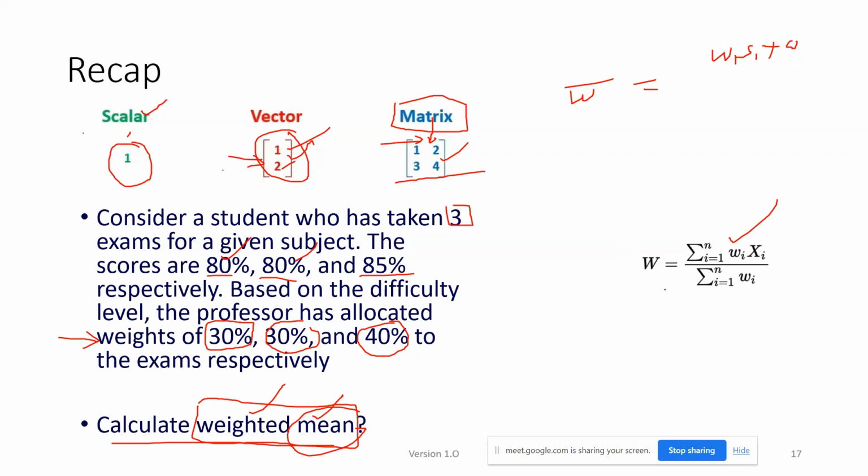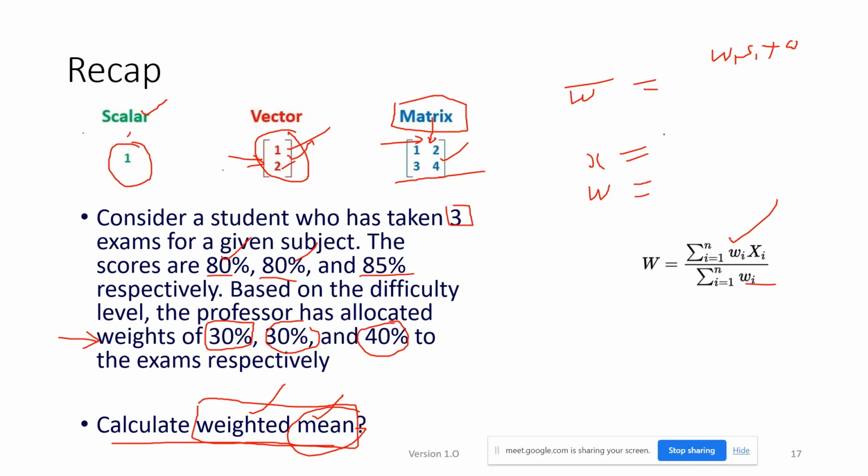In mathematics, we apply this type of weighted mean calculation as per the required solution. Here, my point is how we represent these subjects, that is X, and how we represent the weight values, that is W. X is represented as a column vector or a row vector, and W is also represented as a column vector or a row vector.